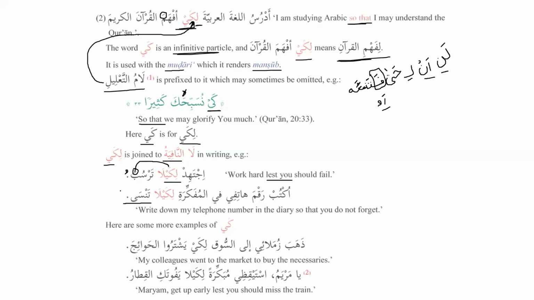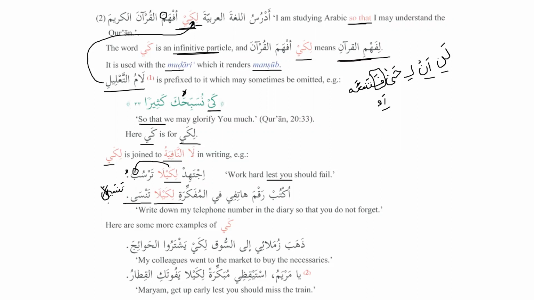What was the original form over here? Likay la tansayna, anti yani, anti. So it was basically tansayna, and then what happens? Because of kay, because of these huruf al-mudari, the noon gets dropped.